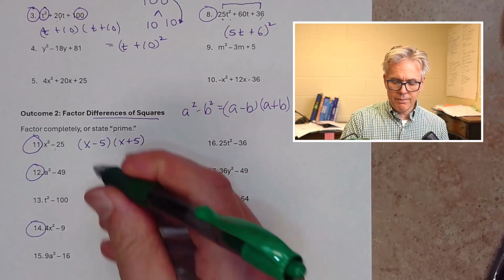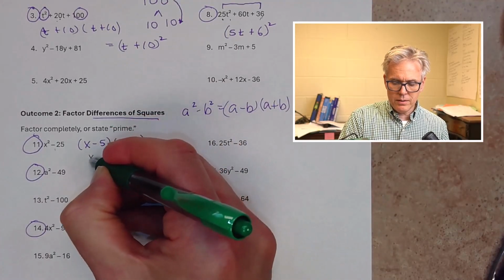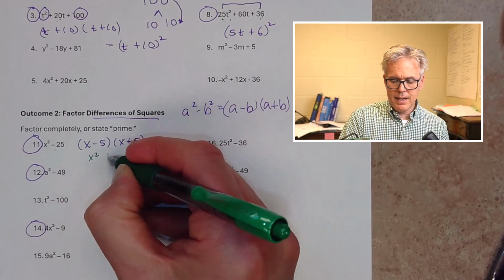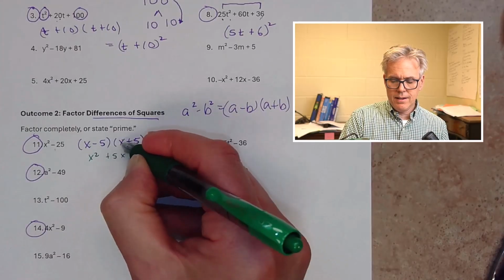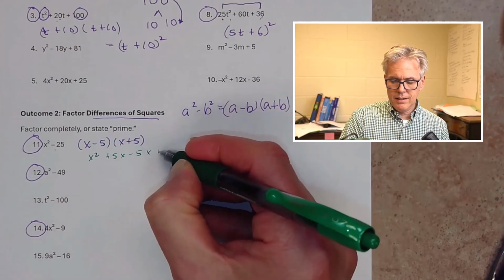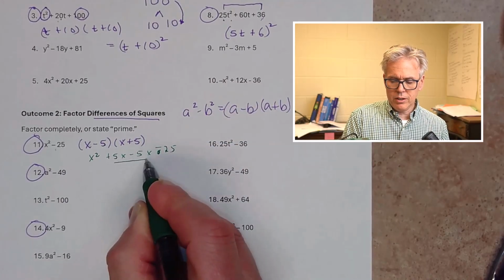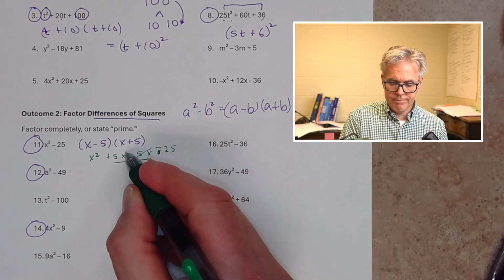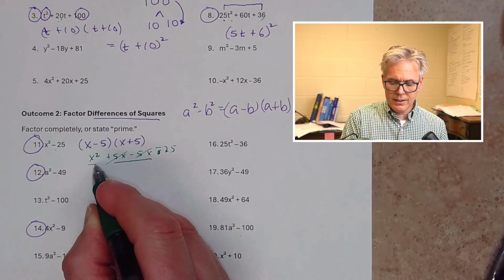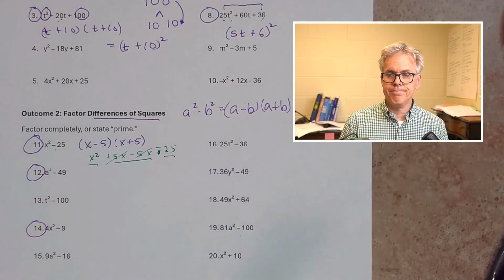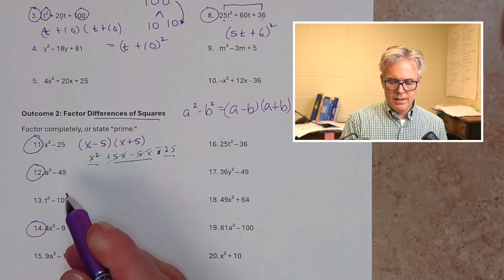Now you can FOIL this out. x times x is x squared. x times 5 is 5x. Got a minus 5x and a minus 25. Well, these middle terms are going to cancel out. And I'm just left with x squared minus 25. That was my check.